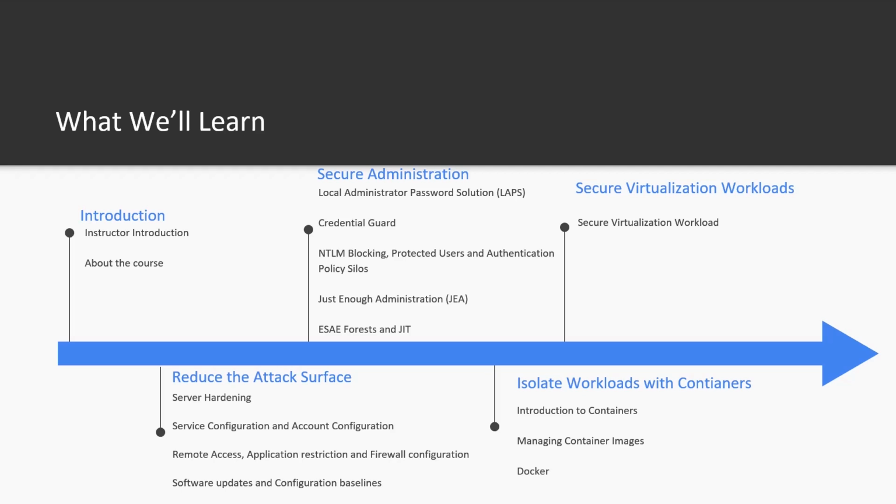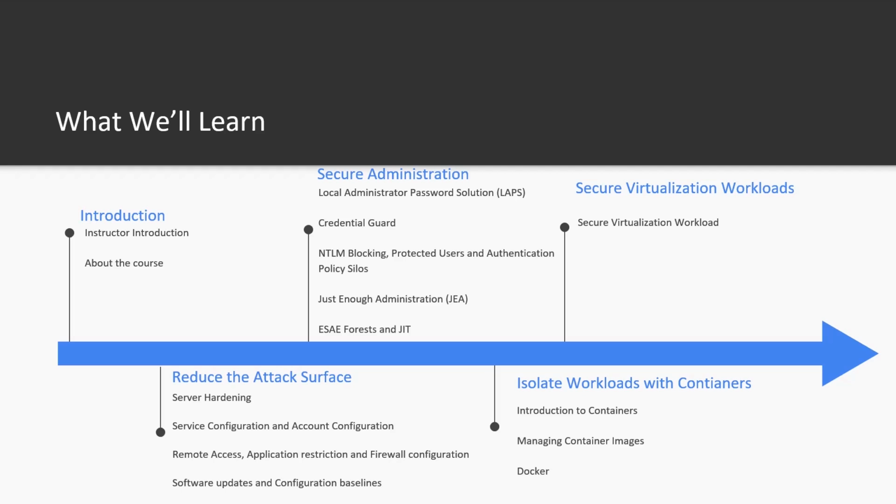Then we are going to go into the third section of the course, in which we are going to cover secure administration. Here we'll cover topics like local administrator password solution, credential guard, anti-LM blocking, protected users and authentication policy silos. We'll talk about just enough administration and ESAE forests, and of course just-in-time administration.